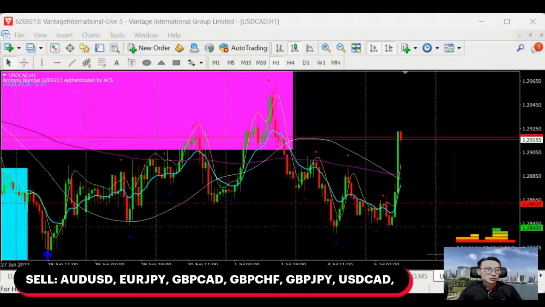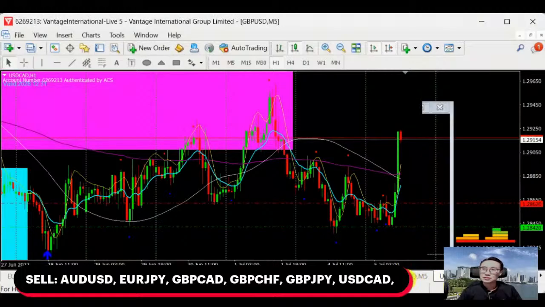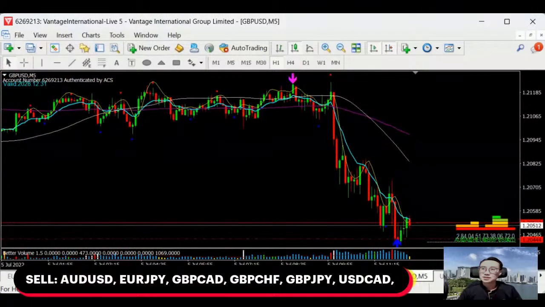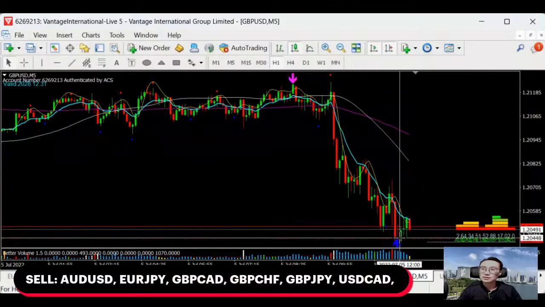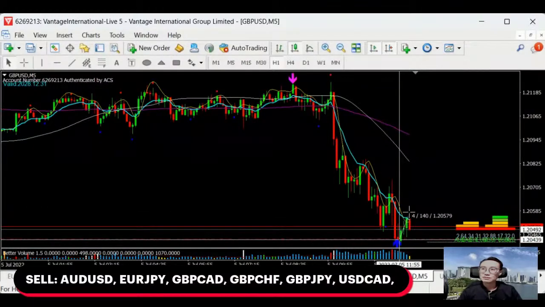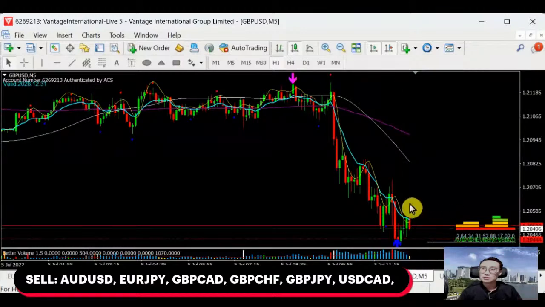To sell, I will say that we continue riding a GU trend. Highly likely. As you can see now, around this area, from here 19 is about here.